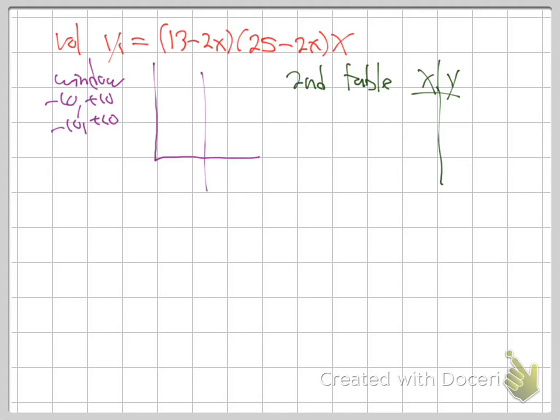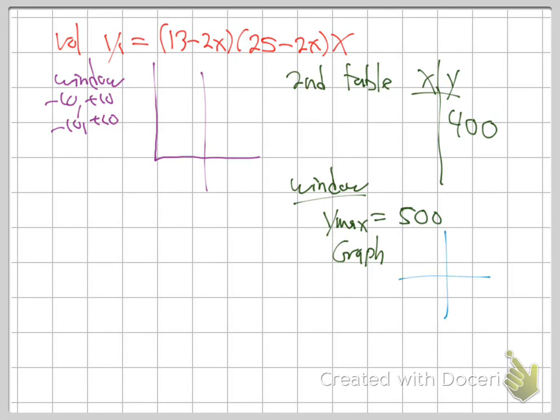When these numbers are about 400, go back to your window and make your y max be, I don't know, like 500 or something. Then graph it again, and you just keep fiddling with it till you get something good.